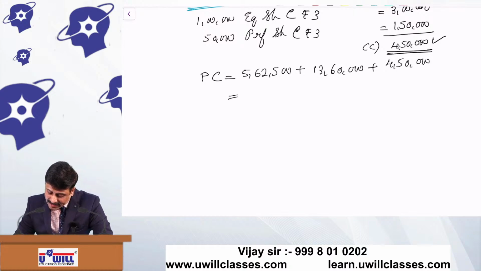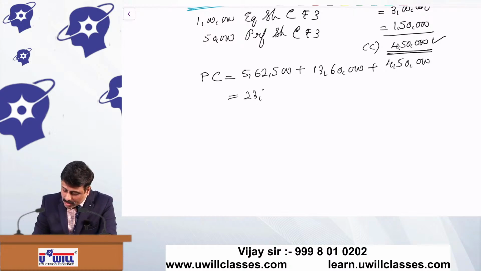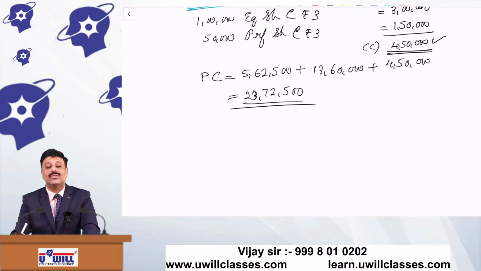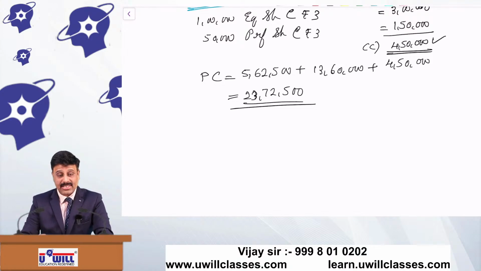So 13, 17, 22, 23 lakh 10,000, 23 lakh 72,500. The total payment that will be done is 23 lakh 72,500. This is the purchase consideration.